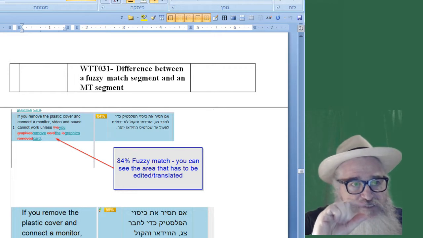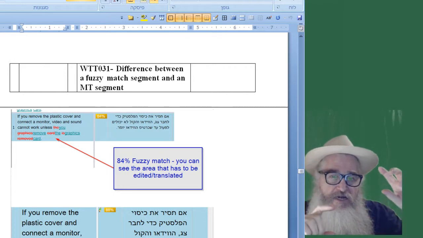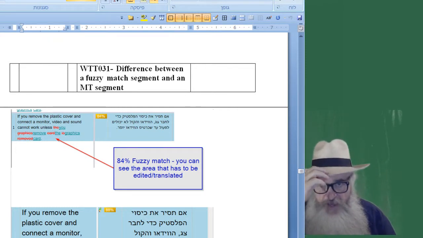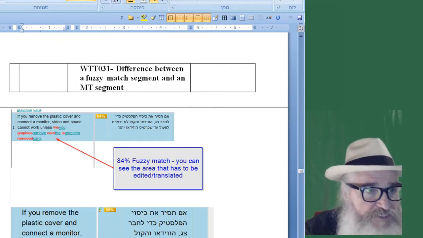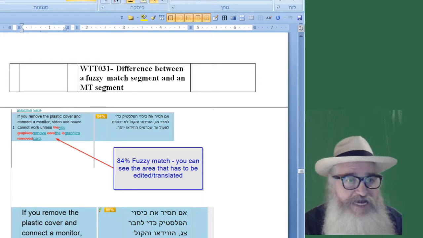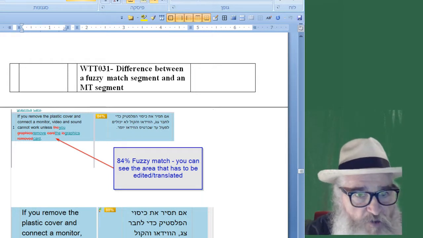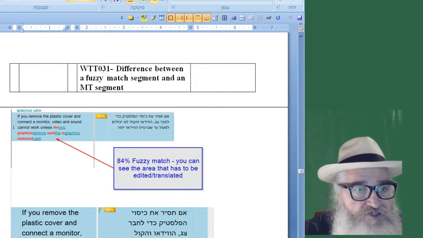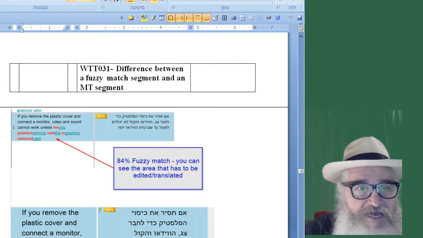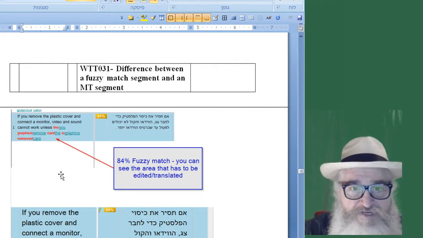You see the difference between the original, some other source in the past, and the current source. It's lit up to show what's deleted, like track changes in Word. You can see exactly what has to be edited or retranslated. So that's as far as the fuzzy match goes.